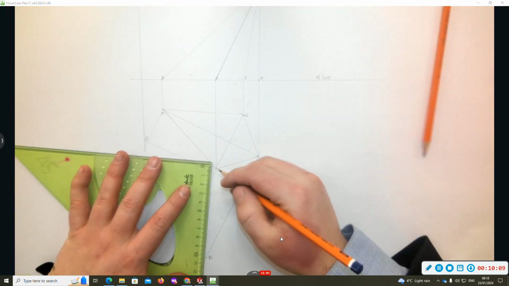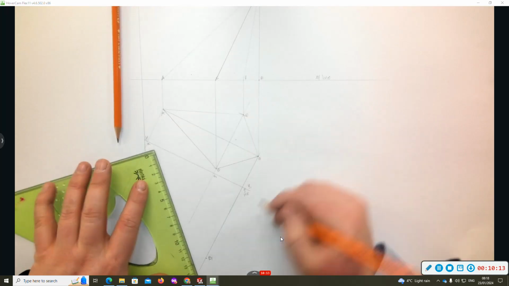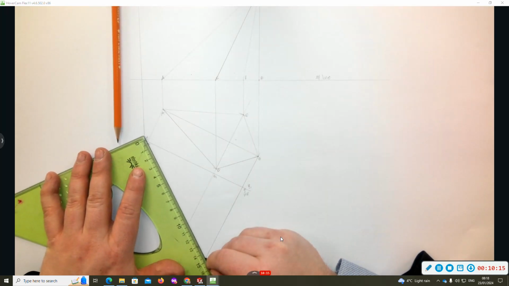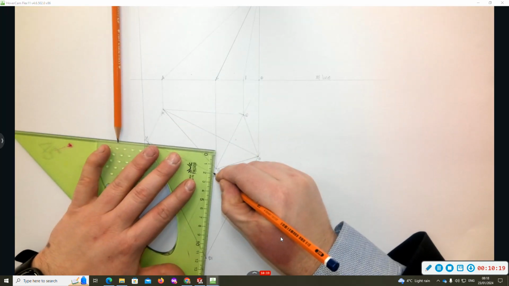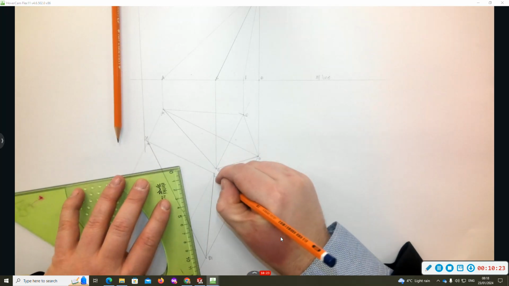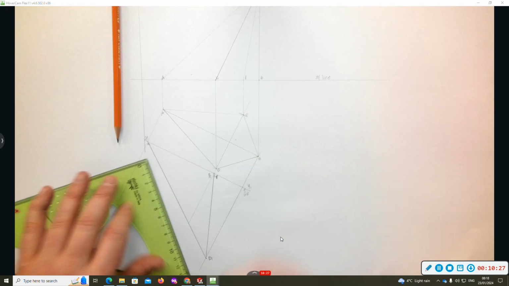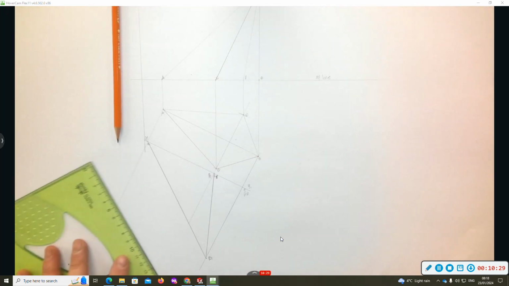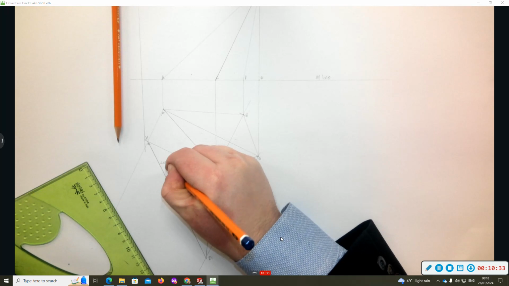Now, here's C1, A1. So I can join A1 to B1, C1 to B1, and also there is D1. Now, here's the line of intersection as a true length.